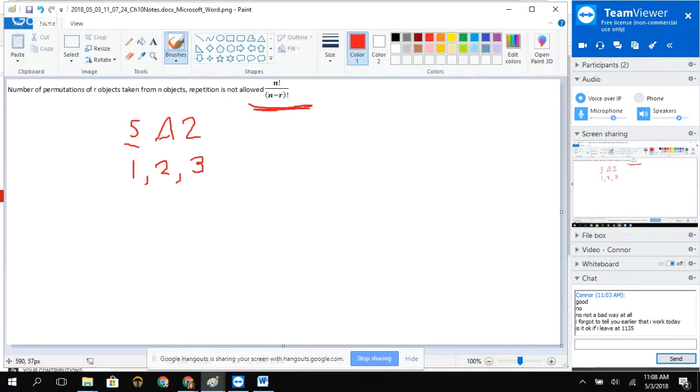So we have N objects, N number of people, right? So we have 5 people that we can pick from, and there are 3 spots.